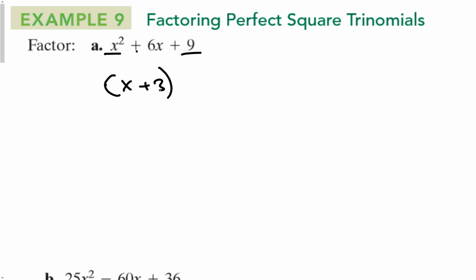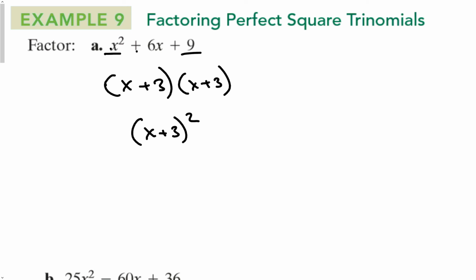So is x times 3 times 2 more 6? Yes. So that means that this is x plus 3 times x plus 3. Also, the factors of 9 that add to 6 are 3 and 3. But I don't want to write it this way. I want to be more efficient. I want to write my perfect square trinomial as a binomial squared to show that it is a perfect square.